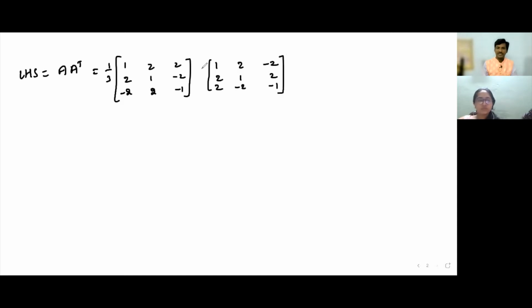Outside we have the coefficient 1 by 3. This 1 by 3 and this 1 by 3, I am writing together outside.